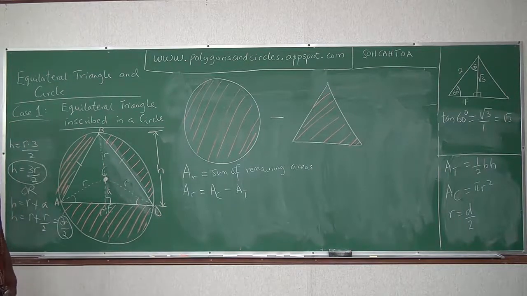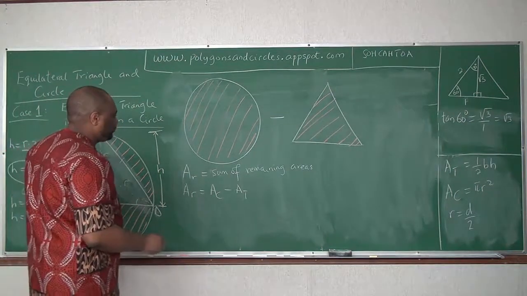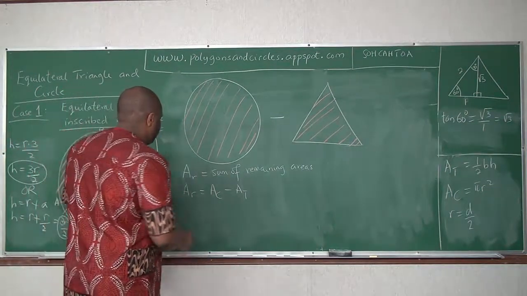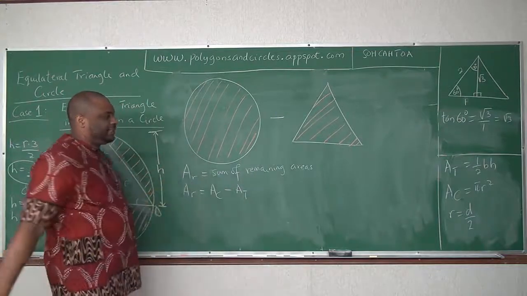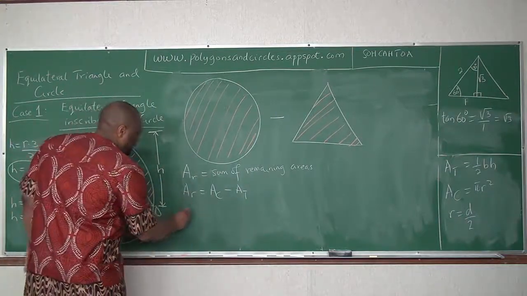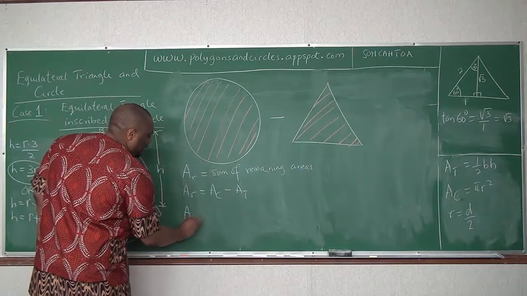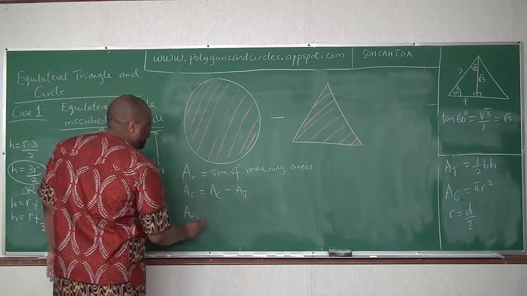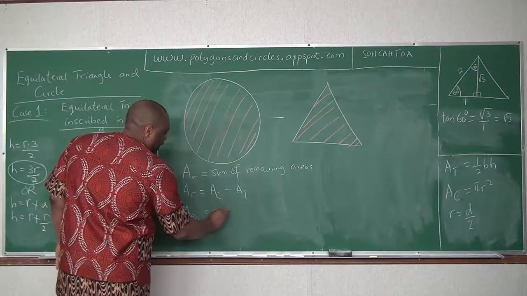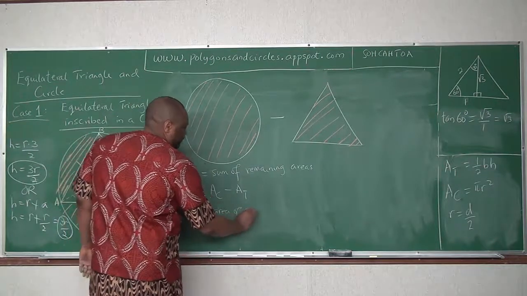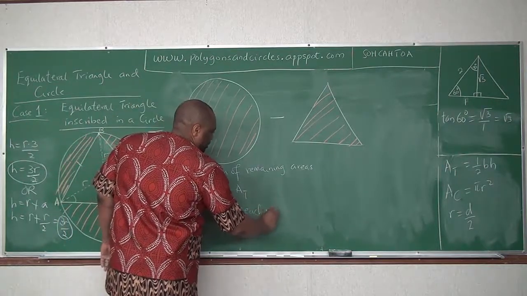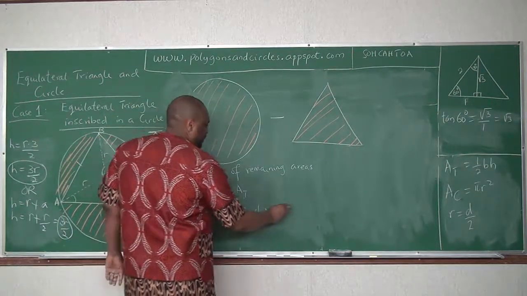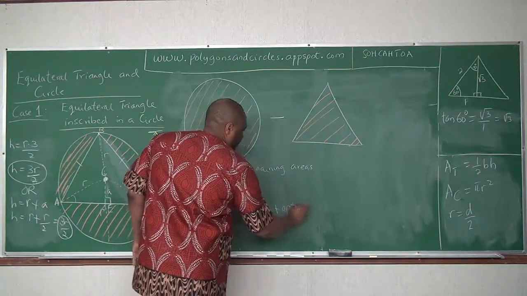And then sometimes they might ask you to find one part, the area of each part. Anytime you see an arrow, let's call it sum of remaining areas. And then AEP, area of each part of the remaining areas.